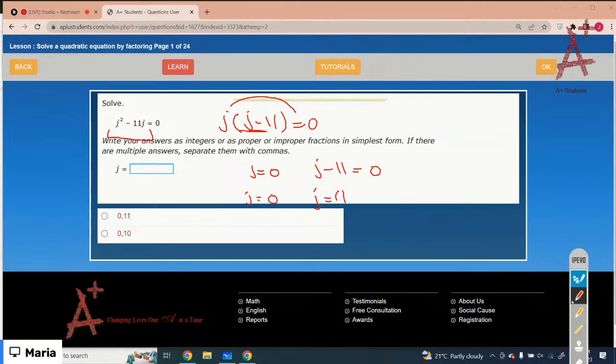So it would be j equals 11. Got it? So the two values are 0 and 11. So the correct option is 0 and 11.